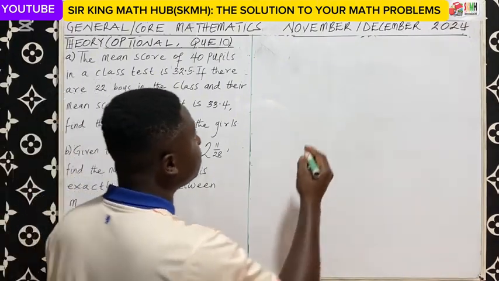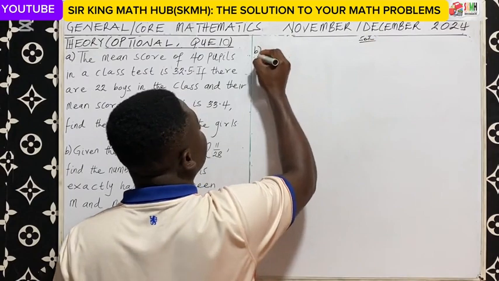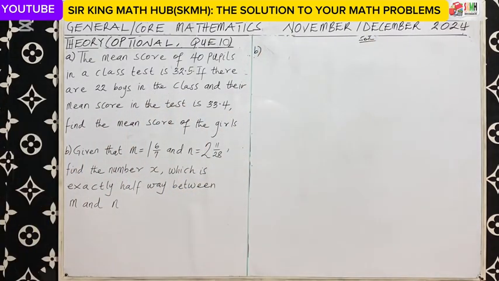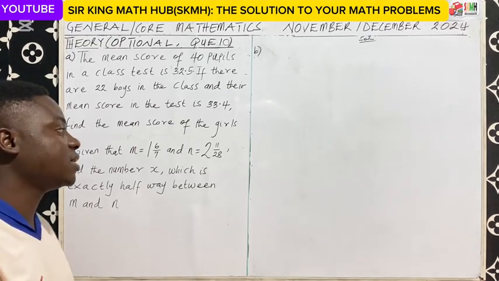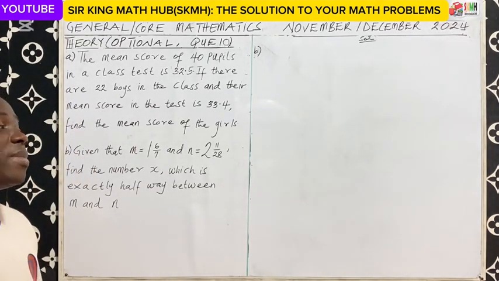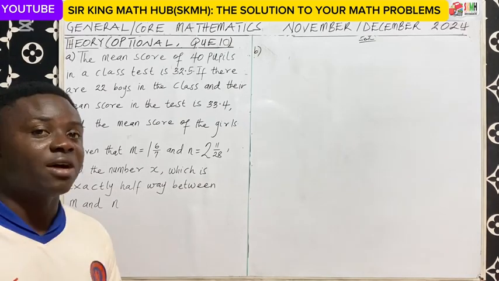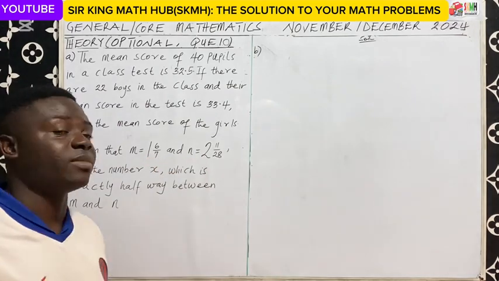So now with B, I read, given that M is equal to one whole number 6 out of 7 and N is equal to two whole number 11 out of 28, we are to find the number X such that X is exactly halfway between M and N. So a number that is halfway between these two given numbers.